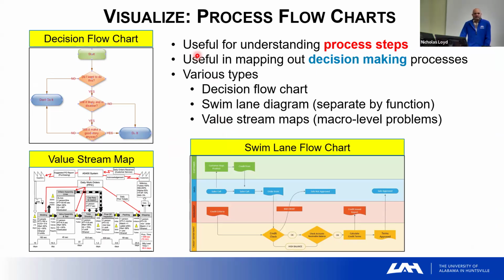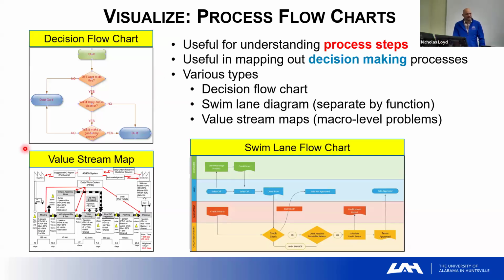If I think the problem may exist due to some series of process steps or a flaw in the decision-making process, maybe a flow chart of some sort can help me understand how things are working.